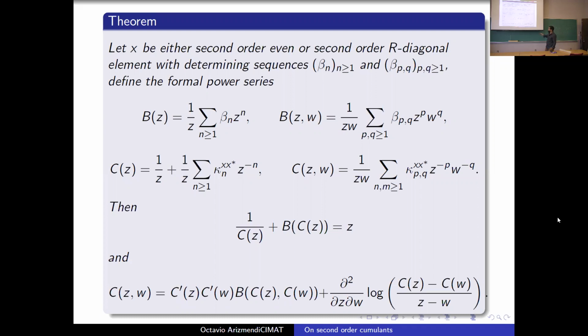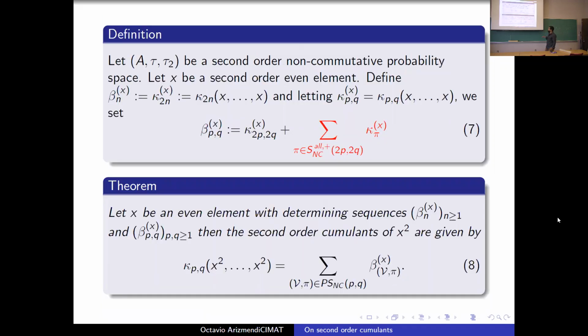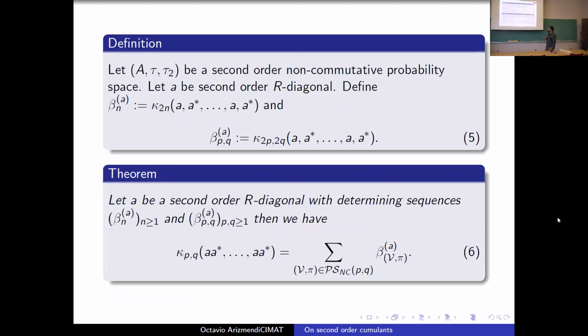And here the main difficulty is that R-diagonal elements behave very nicely, but for even elements the definition of this determining sequence should be different, because this trick that I used to go from A to A star doesn't work in the second order level.